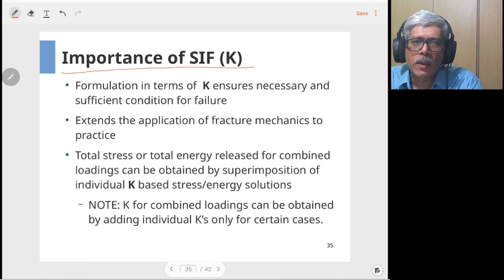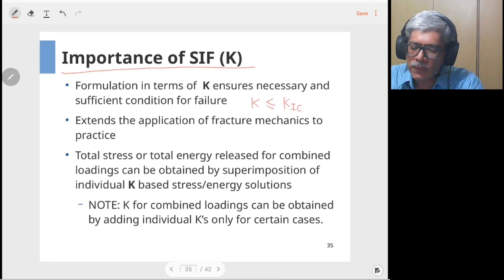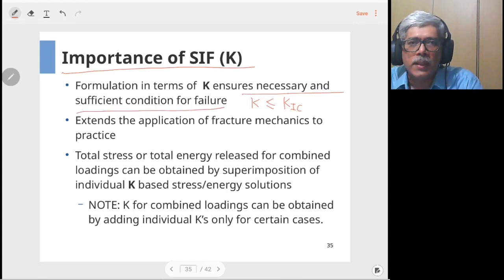Let's have some more information about the features of the stress intensity factor. The condition that K should be less than or equal to K1C gives us the necessary and sufficient condition for safety.